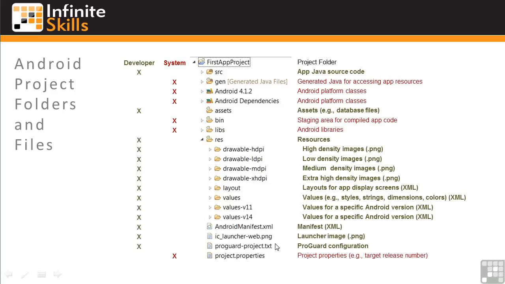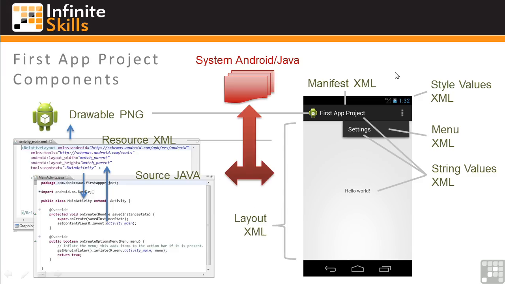Now let's look at a different graphic that shows how these folders and files relate to your screen design. On the right of this graphic, you see how various XML files relate to elements on a device screen. Manifest XML code provides global information about your app, such as the app name, shown here in the action bar.